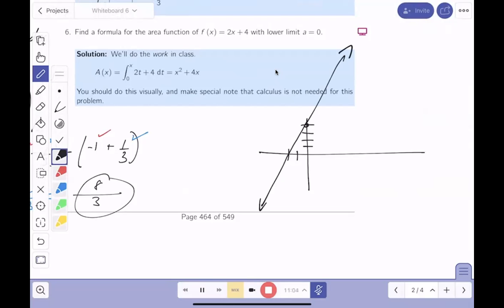It says, find the formula for the area of the function. I think I can handle it. Lower limit 0. That means just over here, and then the upper limit's over here somewhere. And they want me to get an area function for this.